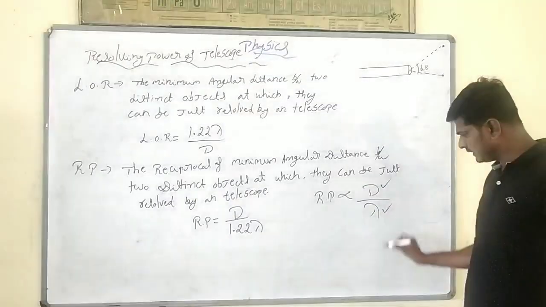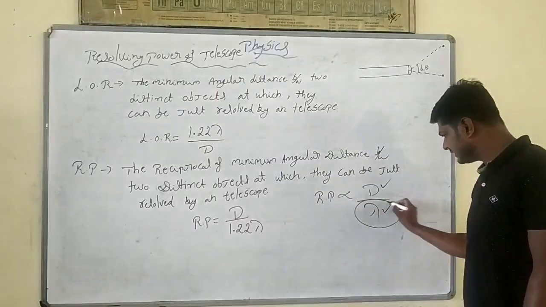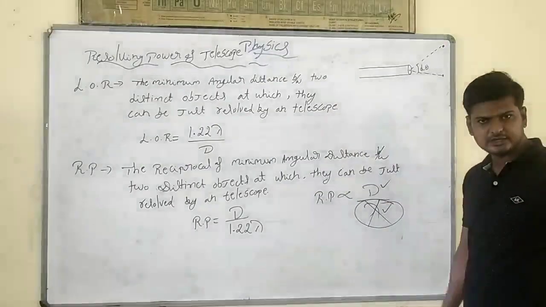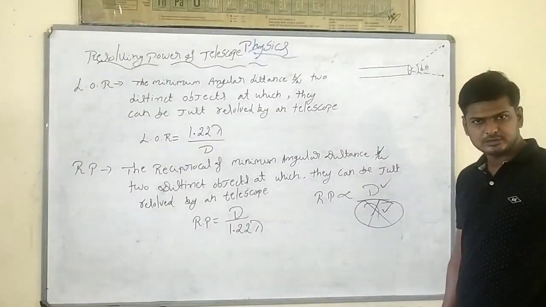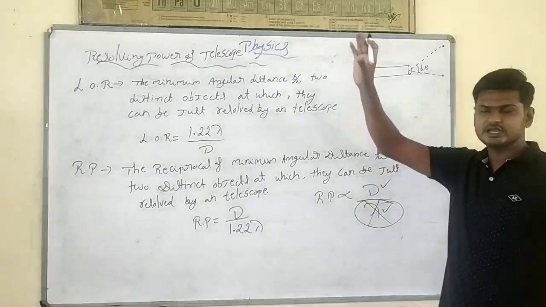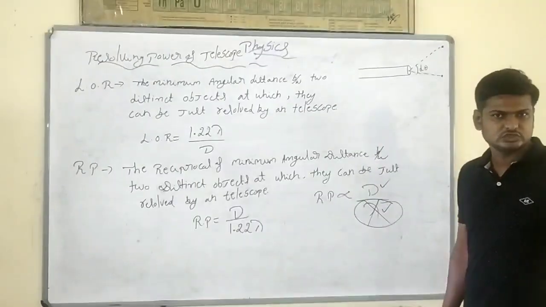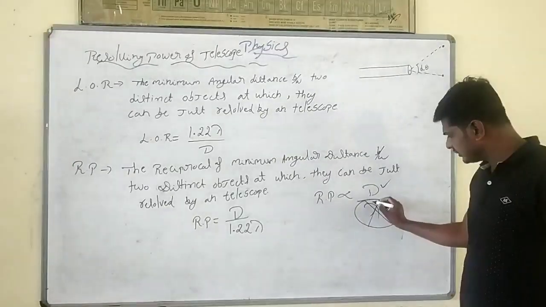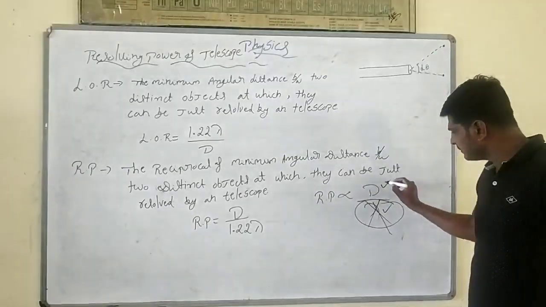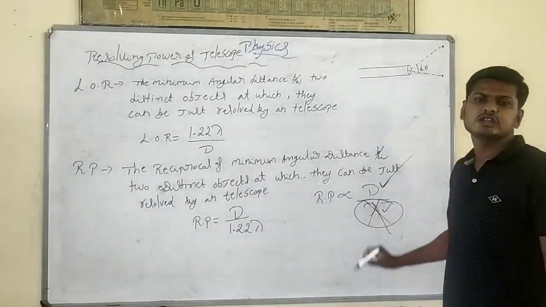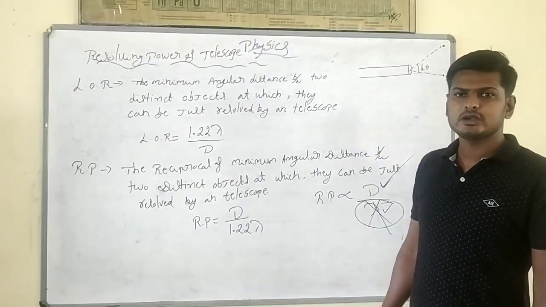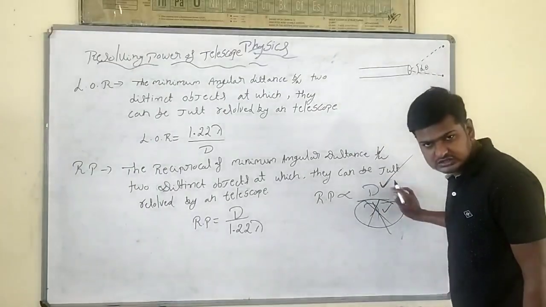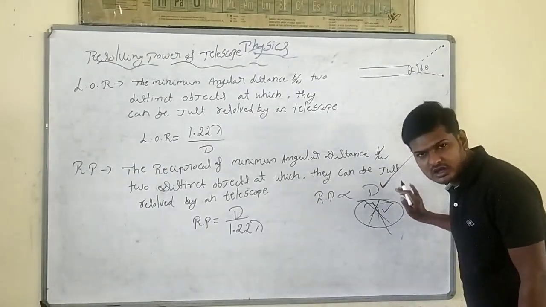But here we can't say wavelength. When you see through a telescope, the wavelength of the natural light is constant and we can't change it. For a telescope, we have to say only increasing the diameter of the objective.